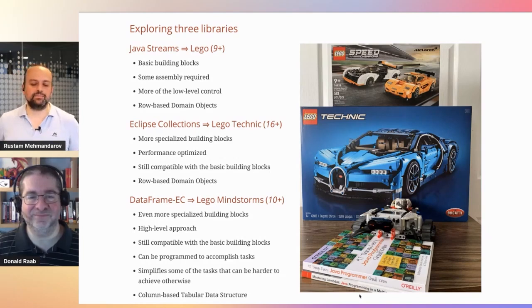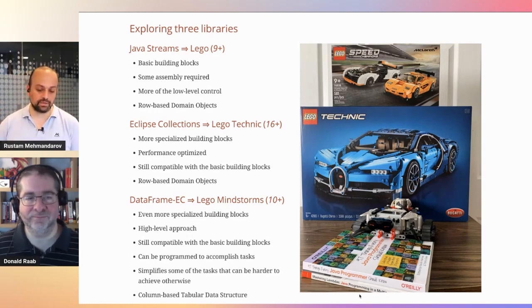So Java Streams is basic building blocks. It has quite a bit of assembly required to make it look like a car, but it's also a standard set of things that you can build into a house or an airplane or a boat, right? Most of the things anyway. With Java Streams, it's the same: some assembly is required.